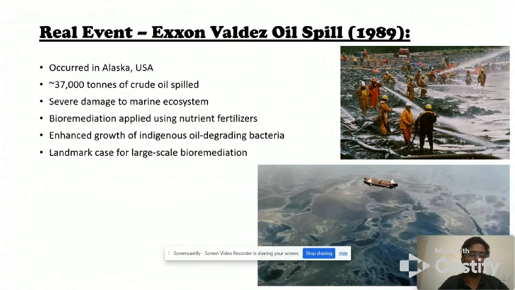Exxon spent over $3.8 billion on cleanup and paid billions more in fines and settlements. So they also used bioremediation. For bioremediation, they used nutrient fertilizers to enhance this degrading process. It's one of the landmark cases for large-scale bioremediation.